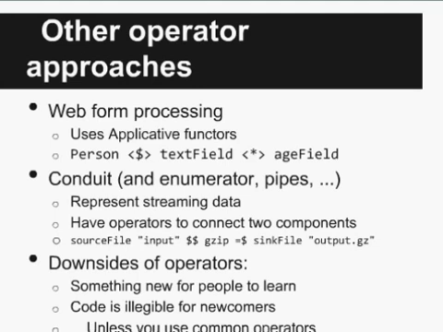Another example is the conduit family: the conduit package, or also the enumerator and pipes packages. These are packages that are meant for dealing with streaming data. For example, opening up a file and getting a stream of the bytes coming out of that file. In this case, we have some operators which are intended for connecting two different components together.